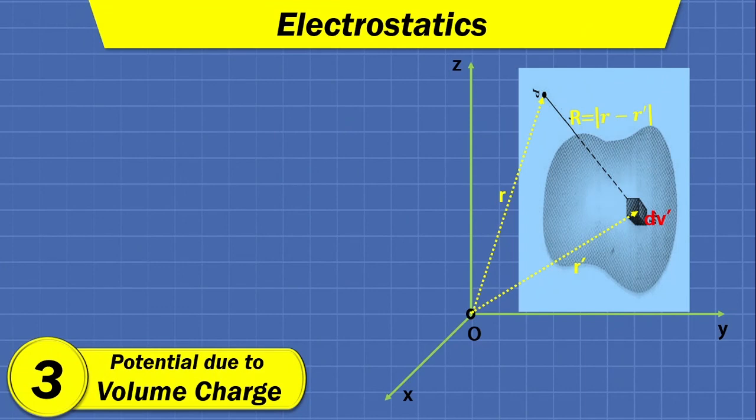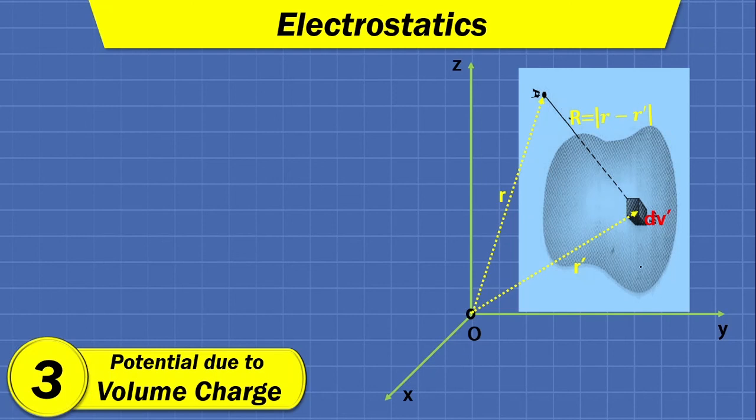So as you can see in the figure, I have considered a volume charge, very random, and a point P over here. You can also have point A to have the same convention. So again, we will have the position vector of the point of interest and the position vector of the differential volume element.